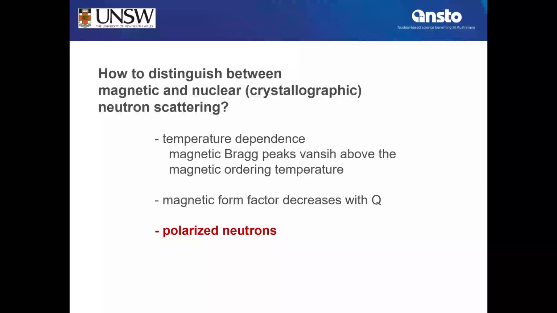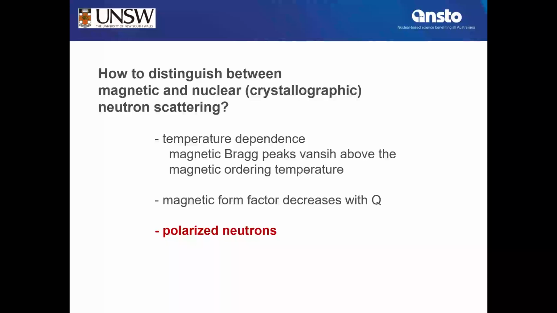The second trick is the magnetic form factor, which decreases for magnetic structures, and for nuclear structures, it's constant. Actually, for phonons, it increases with Q squared, just for completeness. So phonons, magnons: the magnons decrease, the phonons increase. And now the last trick, polarized neutrons.